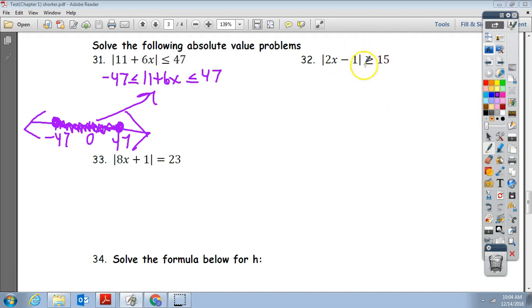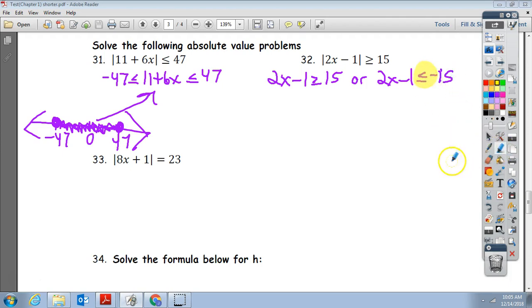When it's greater than or equal to, remember that means the distance is bigger than 15. So one of the things will be greater than or equal to 15, because that means you go way past 15 on the number line, or the other one, and this is the one most people miss, this is probably the one you missed when you took this test, is less than negative 15.